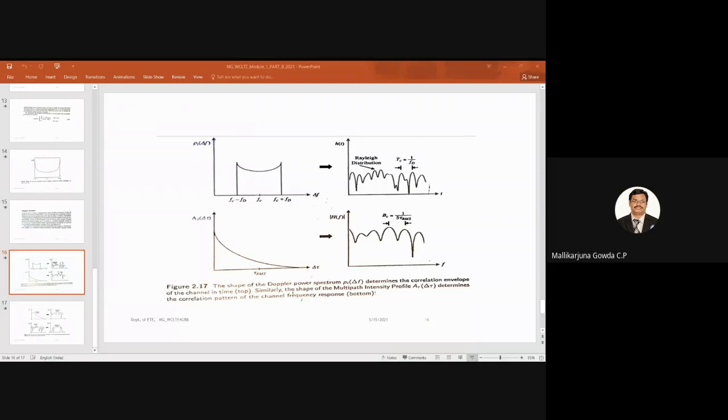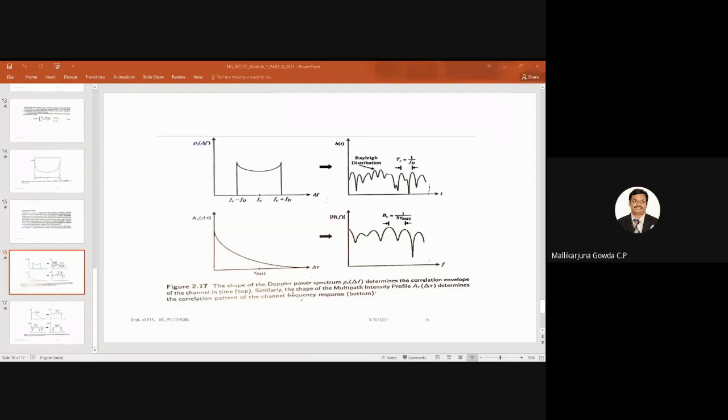Another thing, the second thing, is the multipath intensity profile. It means here that as time increases, it is decreasing, right? That is the RMS delay spread. The RMS delay spread is also decreasing as delay increases.